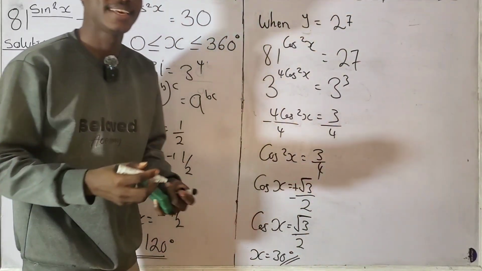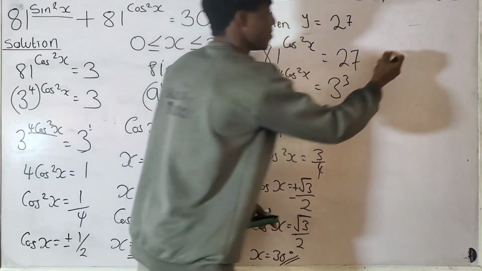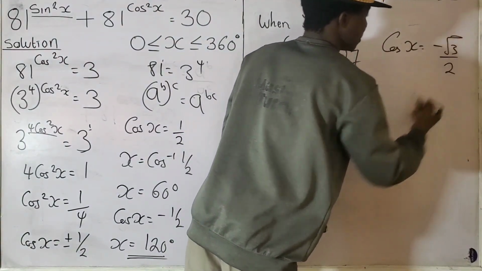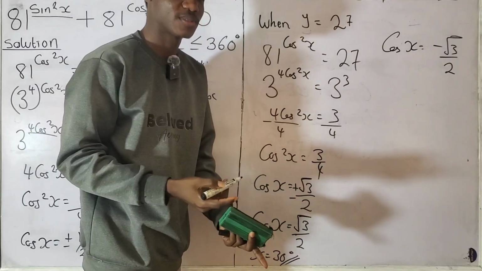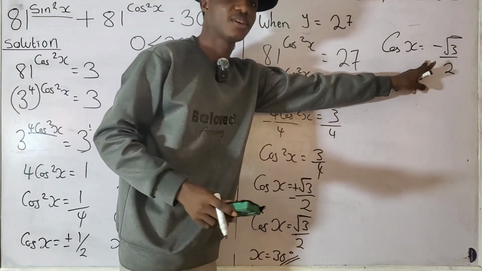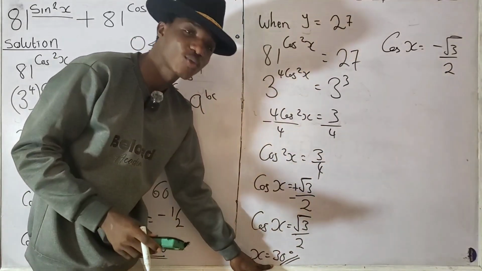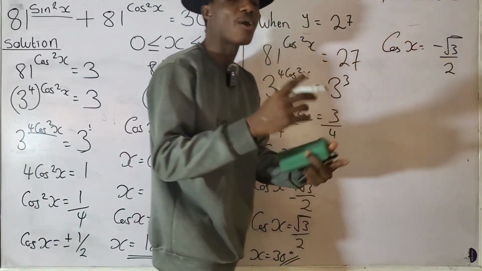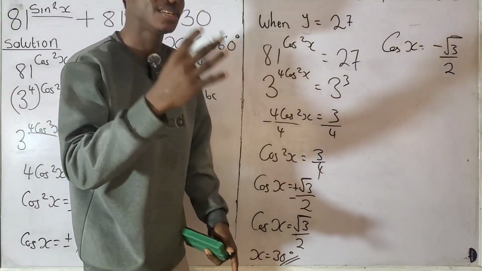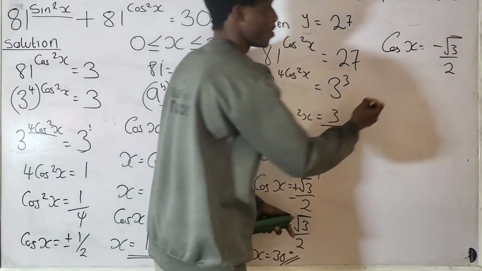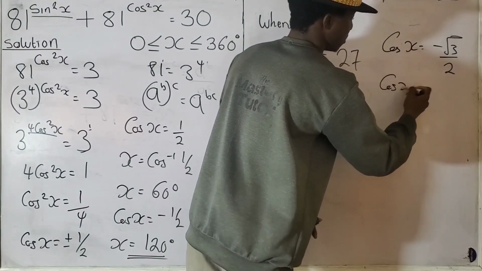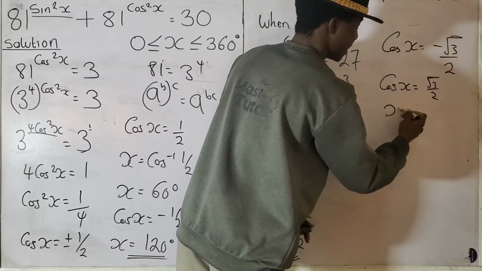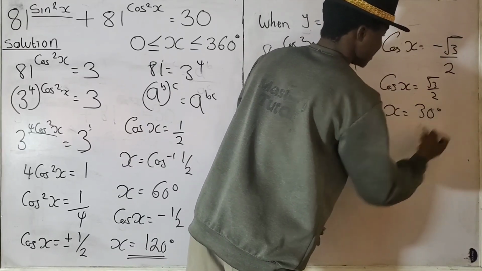You know that you cannot take it directly because we have a negative sign, we have cos x equals negative root 3 over 2. Ignore the negative sign first. When we ignore the negative sign, what do we have? We have x equals what? 30 degrees, right? Now, that will be our reference angle. 30 degrees will be our reference angle. So if you want to get the value of x, okay, cos x equals root 3 over 2, x equals 30 degrees, right?